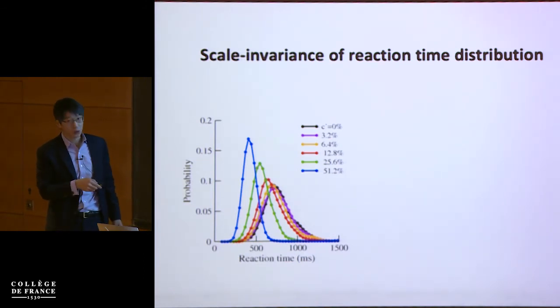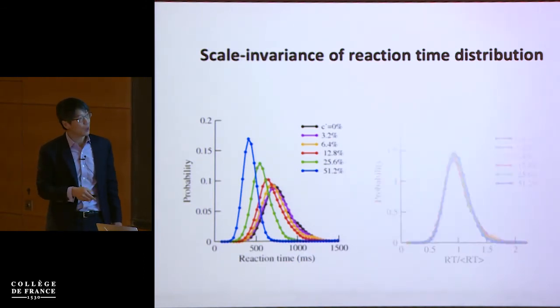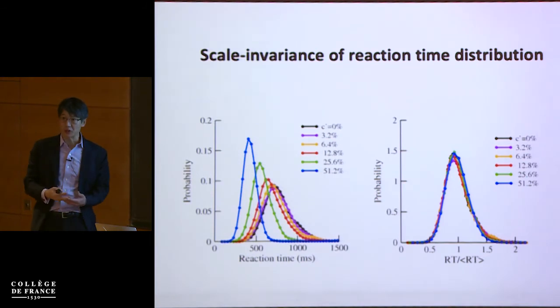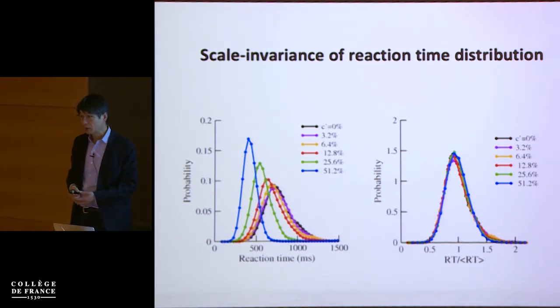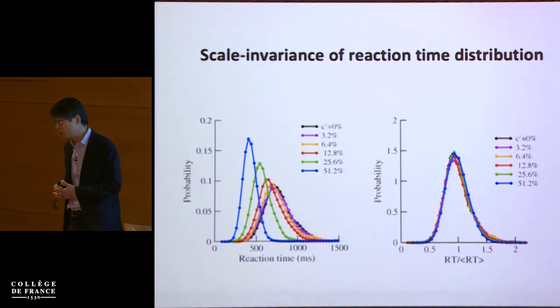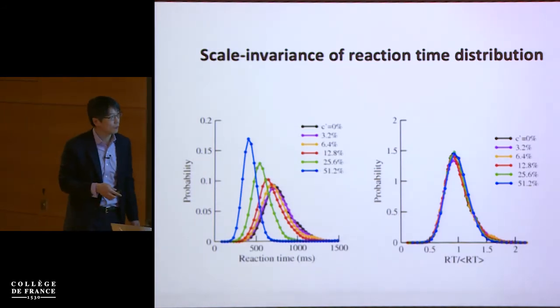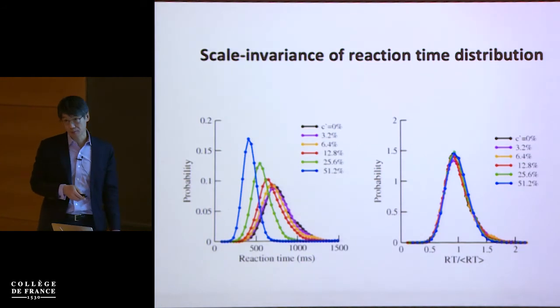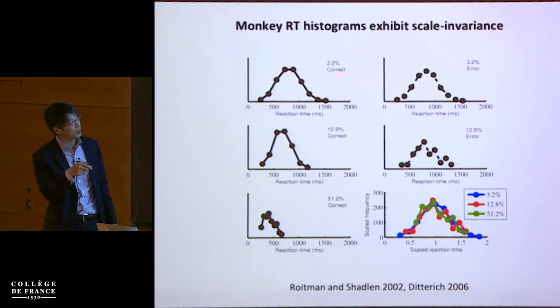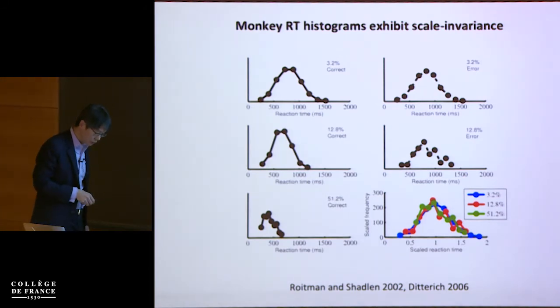But if you replot those 5 curves against the relative reaction time divided by the mean, all 5 curves collapse into a single functional form. So that's a very strong form of scale invariance of reaction time histograms. Do monkeys show that? Well, if we look at the monkey data, indeed, we replotted the published data and found the scale invariance of reaction time statistics.